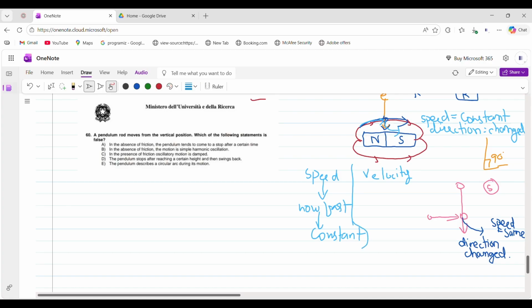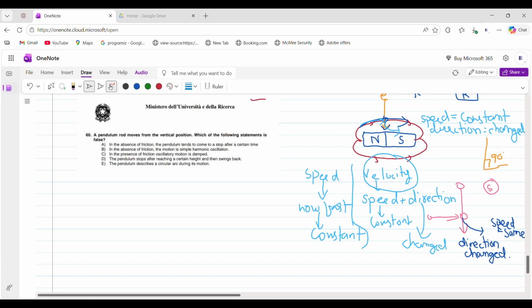If I talk about velocity, velocity is basically speed plus direction as well, because velocity is a vector quantity, right? And vector quantities have directions. So speed plus direction is what we call velocity. So speed again is constant, but I have just told you guys that direction would be changed.